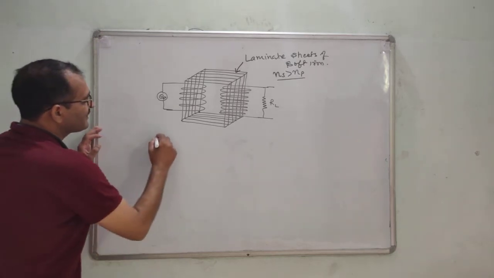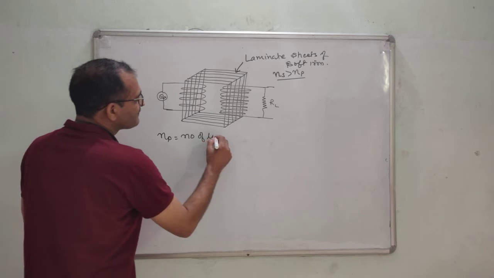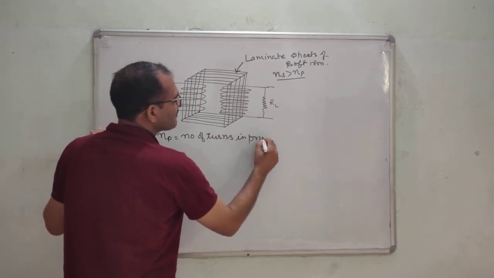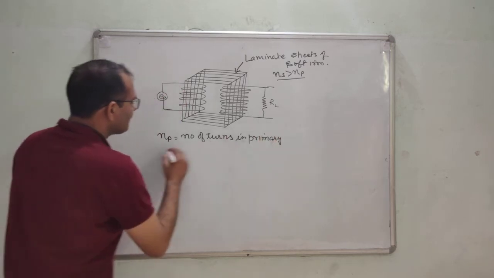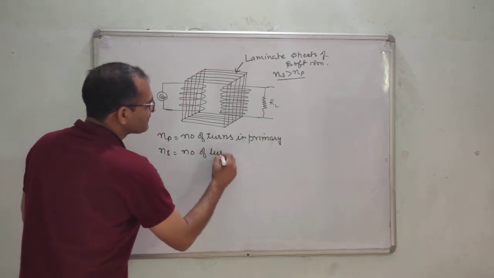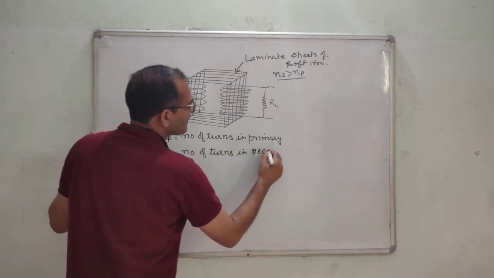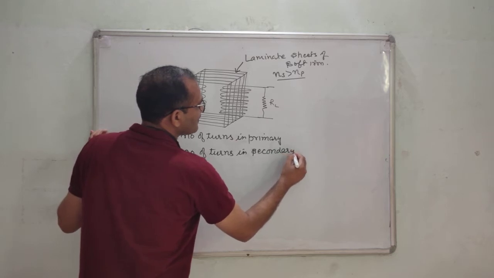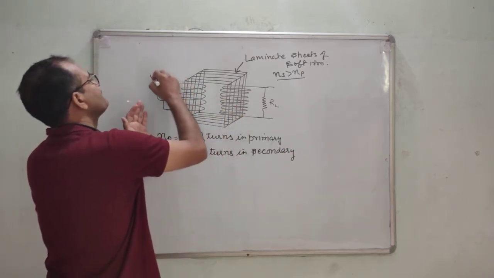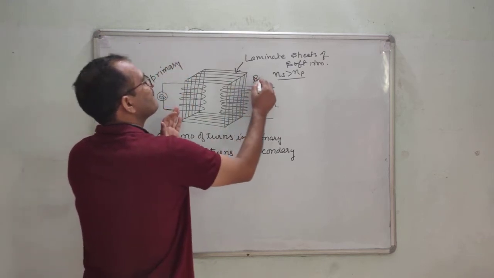Here Np is the number of turns in the primary, and Ns is the number of turns in the secondary. I have shown in the figure separate windings of primary and secondary, but that is not how it is.